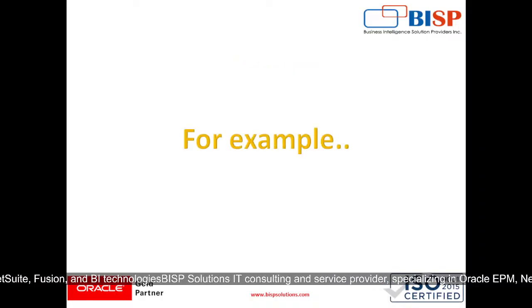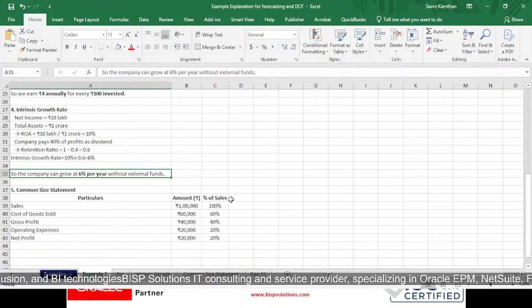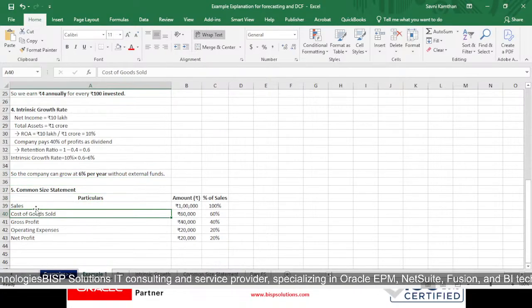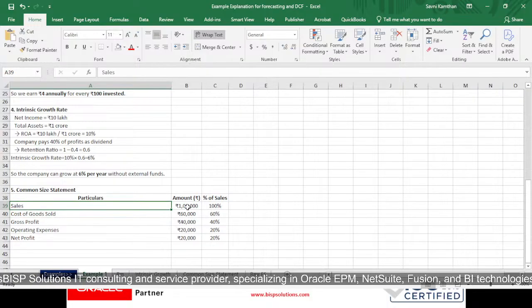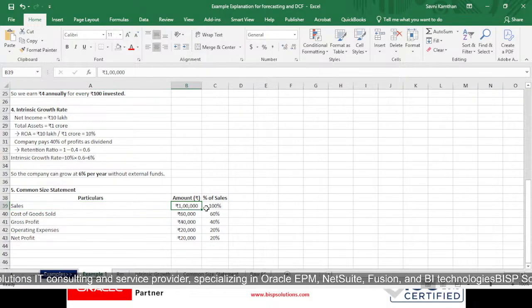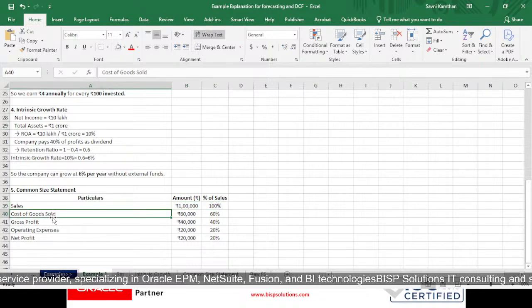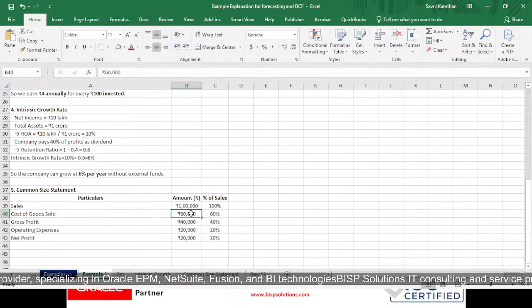So for example, we have a common size statement over here. We have to calculate our sales. The amount is 1 lakh, so the percentage of sales will be 100%. Then cost of goods sold is 60,000, so it will be 60%.